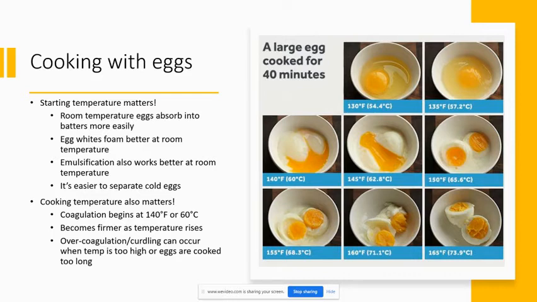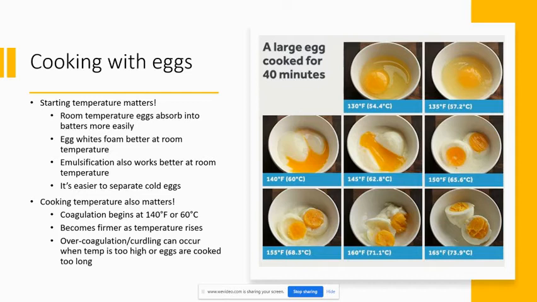And if you are whipping up eggs to make a foam, they actually whip more easily and get a larger volume when the eggs are at room temperature. Emulsification works better at room temperature. And when I say room temperature, I mean about 70 degrees Fahrenheit. It's easier, though, to separate cold eggs, to separate the whites from the yolks without the yolk breaking.